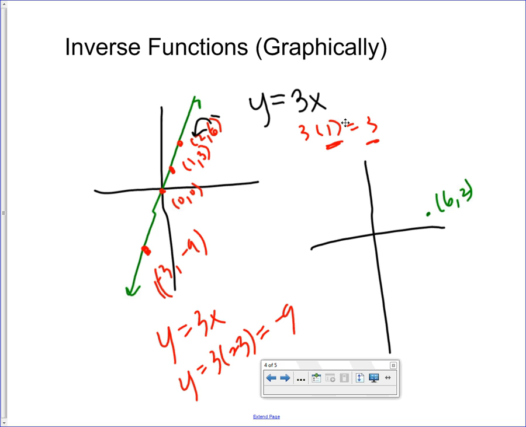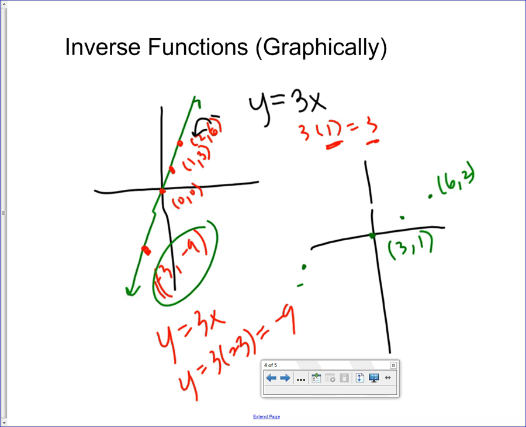We also need the point 3, 1. So obviously 6, 2 should be a little bit higher than 3, 1. So I'm just going to kind of move that up some, move that down some. All right, we also need 0, 0. And if I switch this x and y, I will get -9, -3.